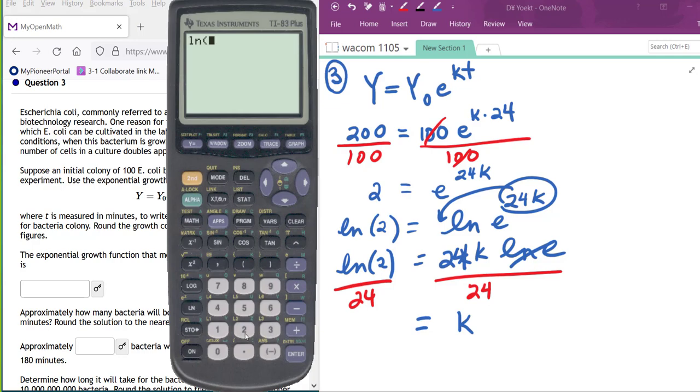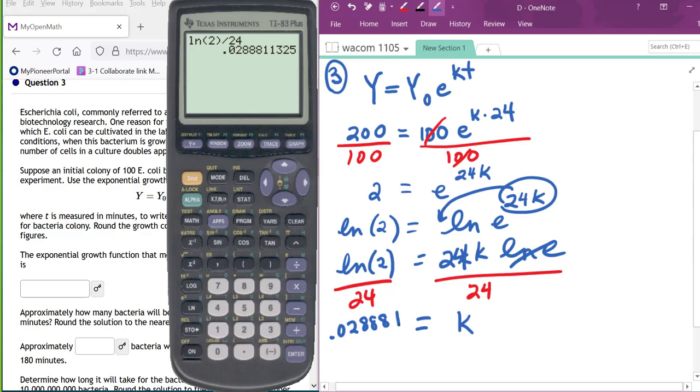So natural log of 2, close, divided by 24, enter. So we get 0.0288881.